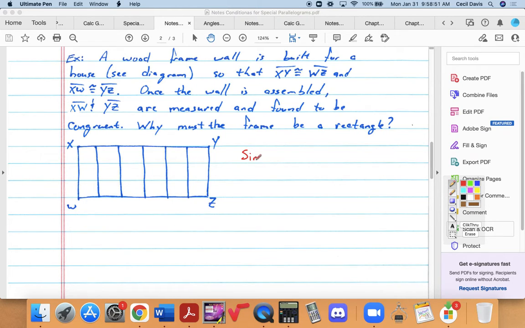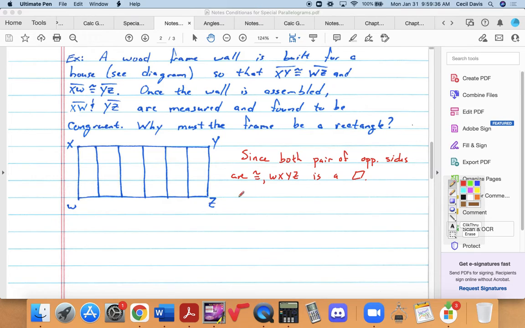So, since both pairs of opposite sides are congruent, WXYZ is a parallelogram. In most cases, that's going to be the first thing you do: prove that it's a parallelogram. Only very rarely will you not do that first.